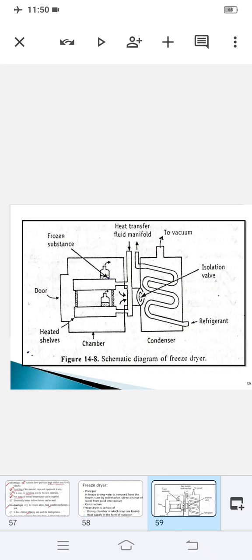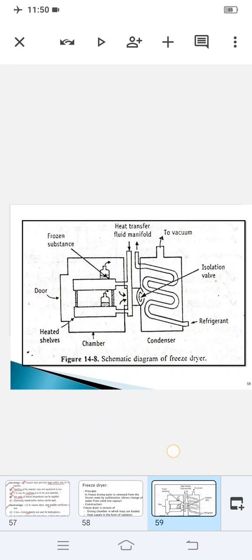Okay, so this increases the rate of drying, and at last the condenser consists of a relatively large cooled surface area, cooled by solid carbon dioxide slurried with acetone or ethanol. Okay, and the temperature of the condenser must be much lower than that of the evaporating surface of the frozen substance.